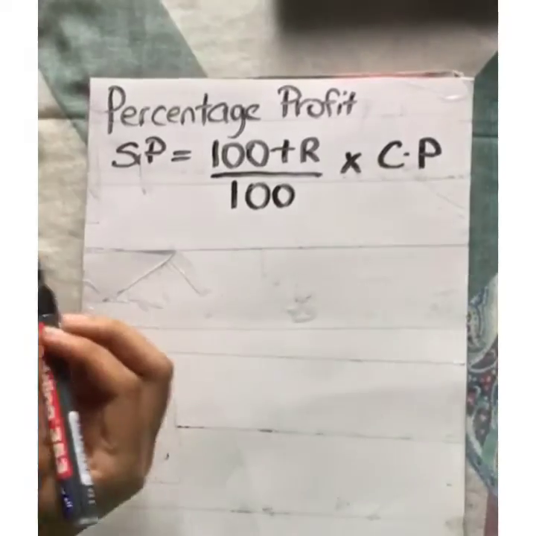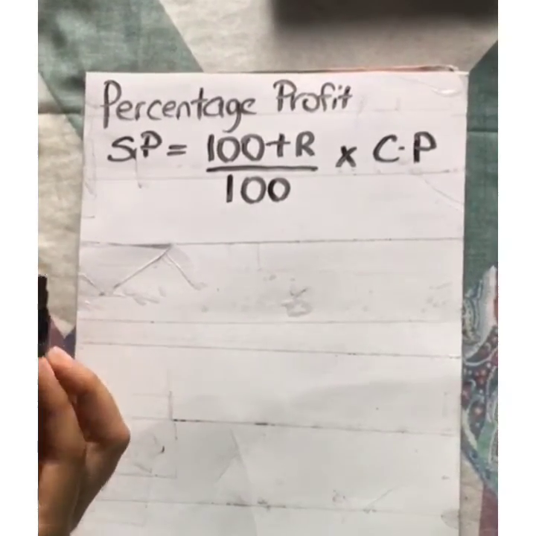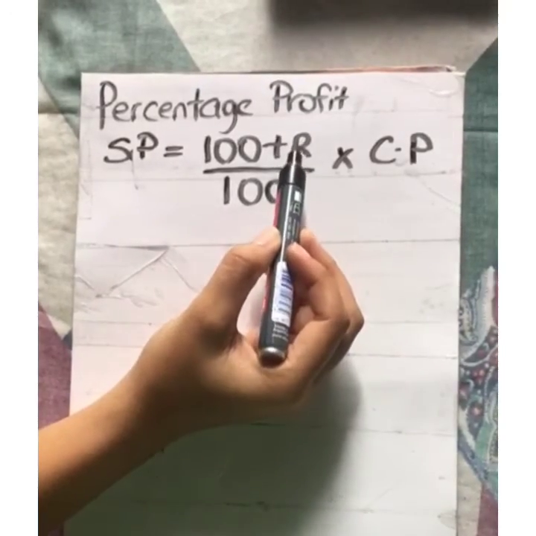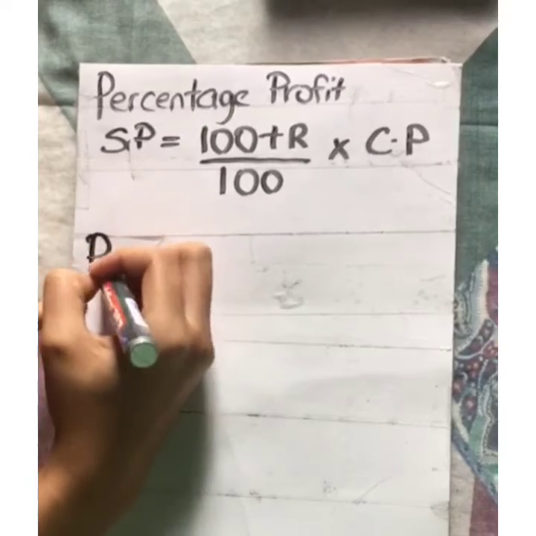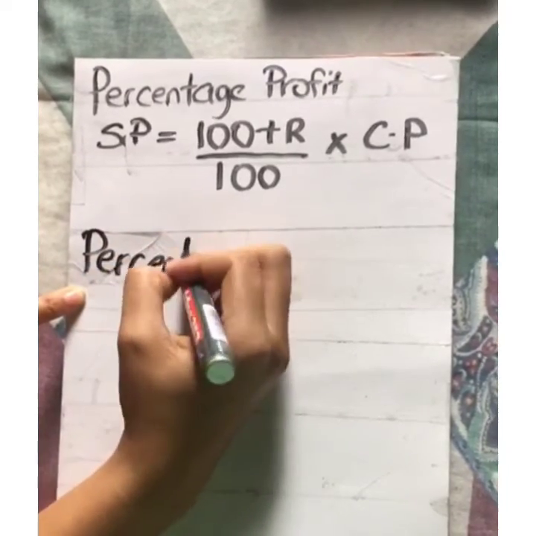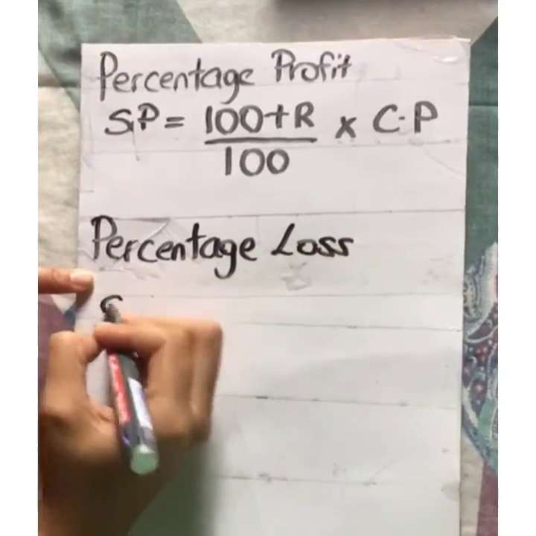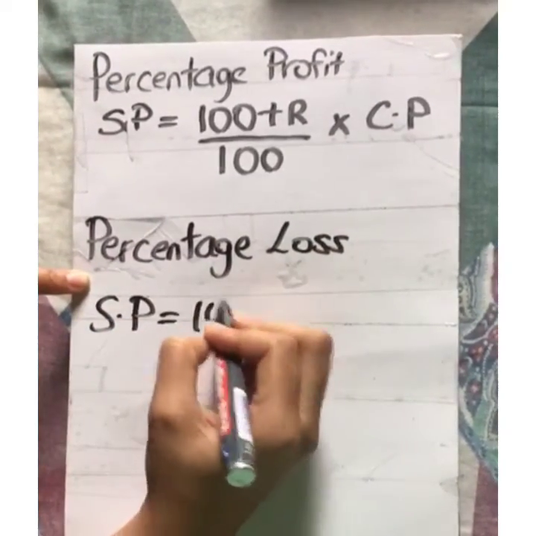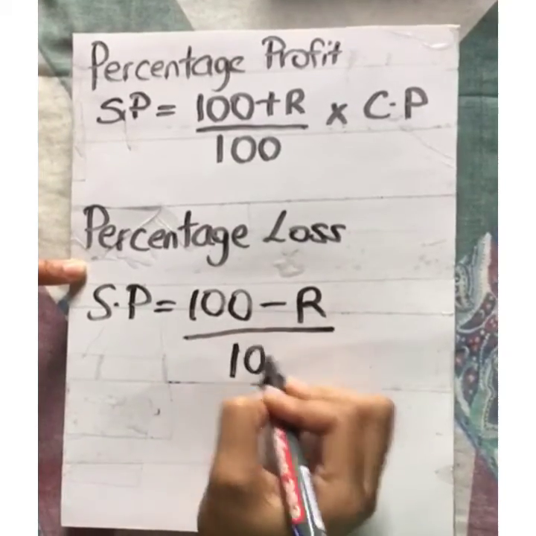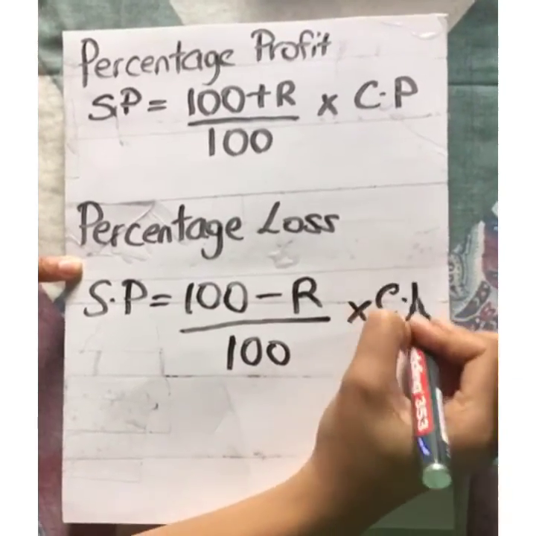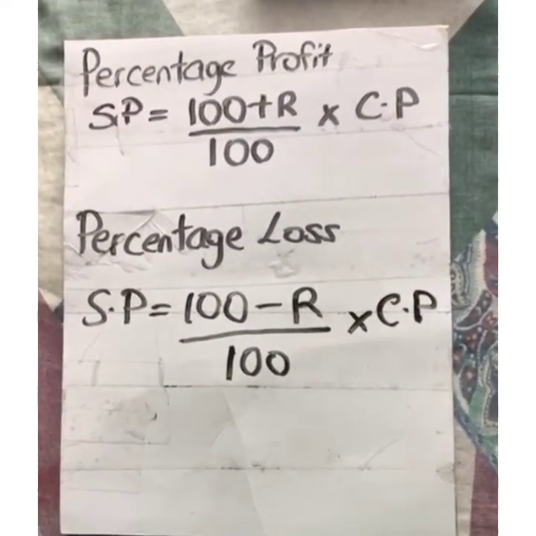The R would represent the percentage profit. So if you are given 25%, you will replace the R with 25. For percentage loss, you will use the formula selling price is equal to 100 minus R divided by 100 multiplied by the cost price. And in this case, the R would represent the percentage loss.